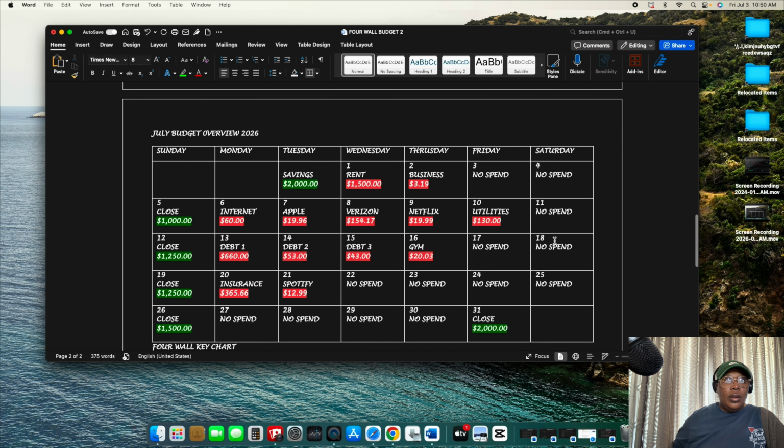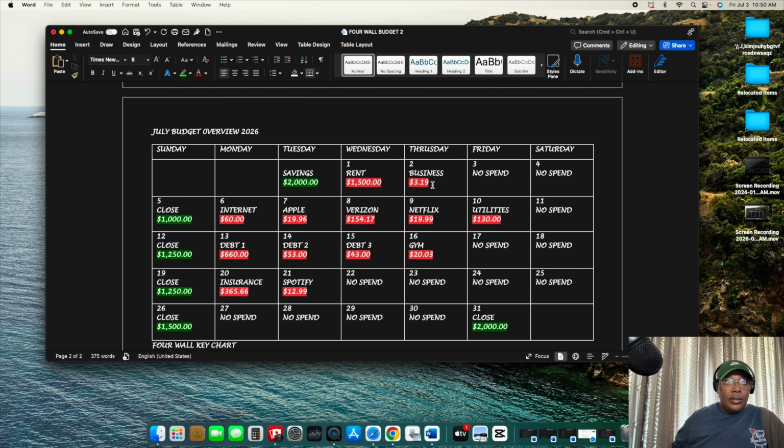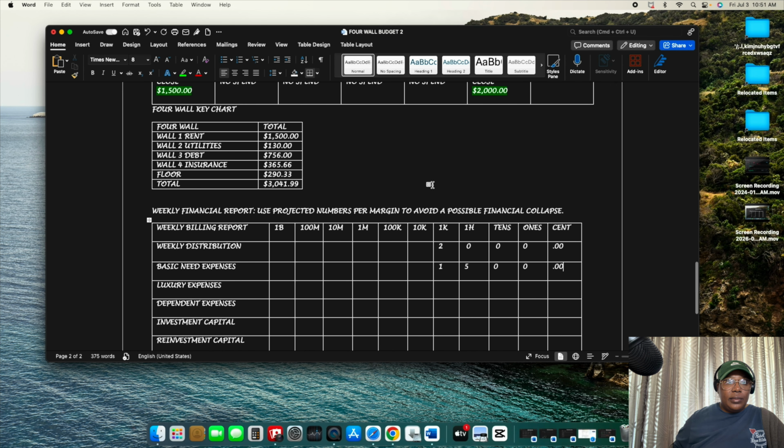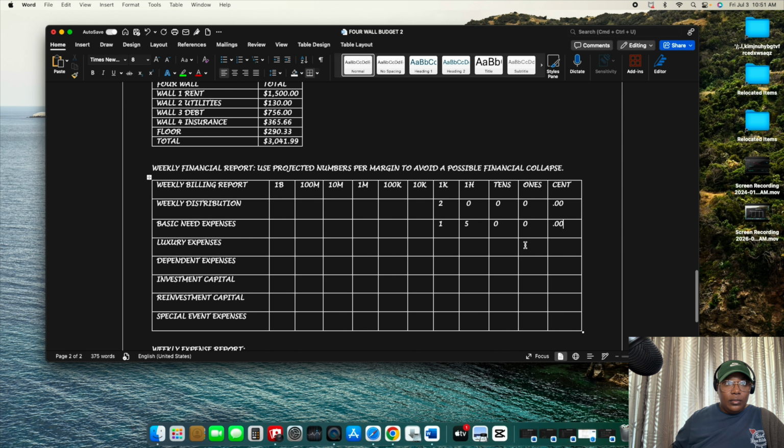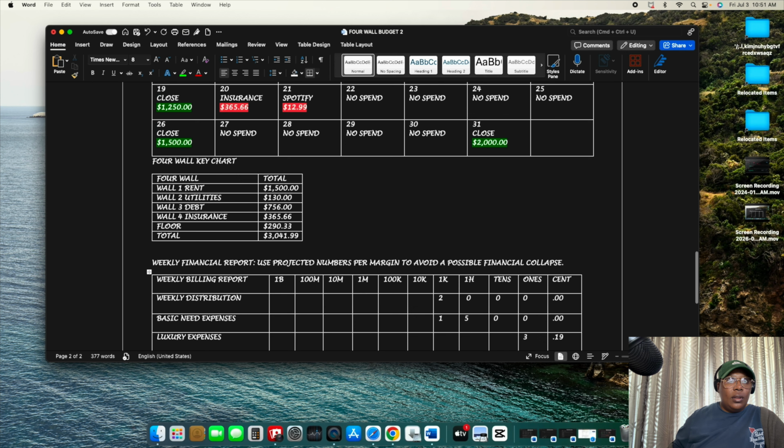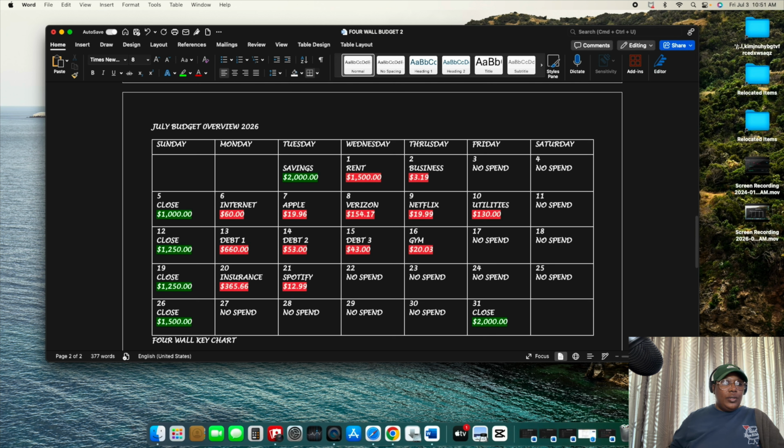From there, we had a business expense at $3.19. And then we have to do a little bit of math here because again, we want it to close at $1,000.